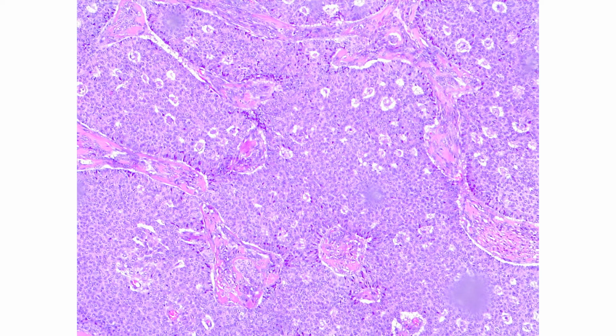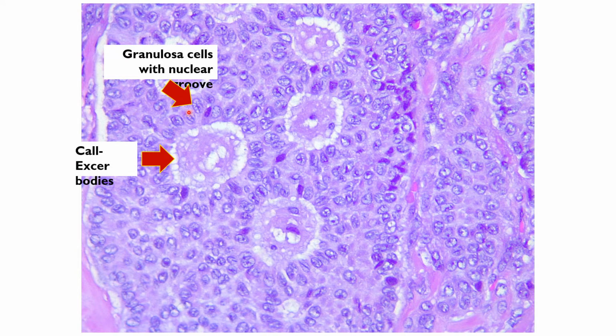This area shows multiple hole-like structures, like small cavities filled with eosinophilic or basophilic material. We can see the pink or bluish material within the lumen. These structures are called microfollicular or Call-Exner bodies. This is the Call-Exner bodies.